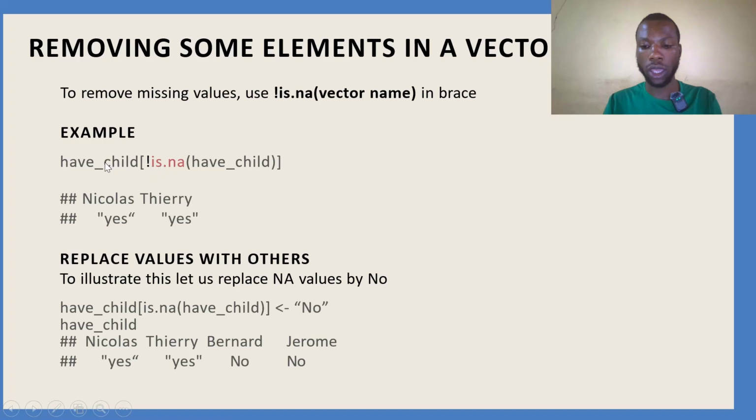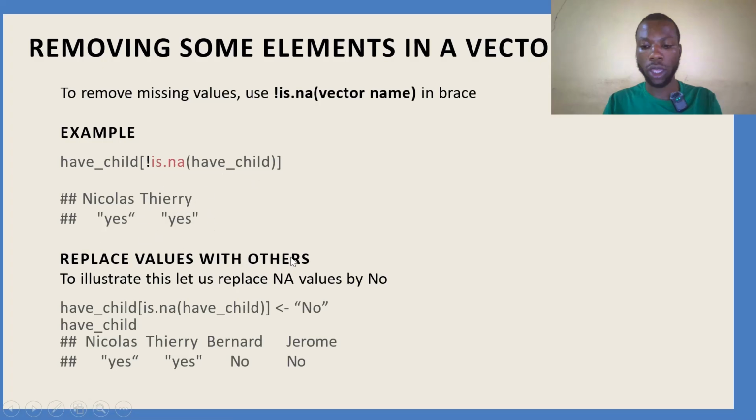So we put the name of the object we are interested in, so that we can remove the missing value. We use the square bracket, then exclamation is.na bracket, and put the same name of the object you want to remove the missing value from. Then we remain with the code without the missing value.